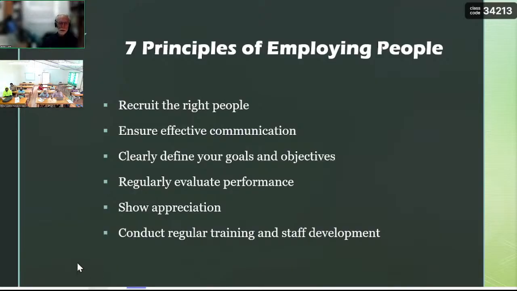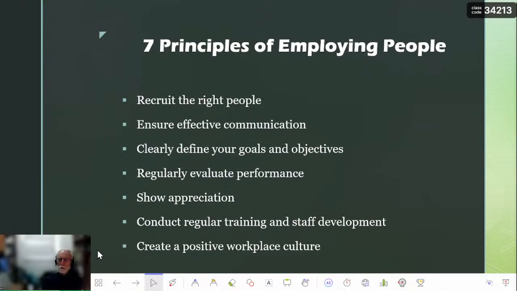And lastly, create a positive workplace culture. Make a good place to work, a good workplace on your farm.